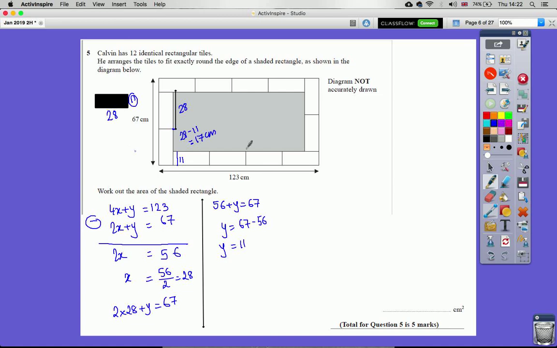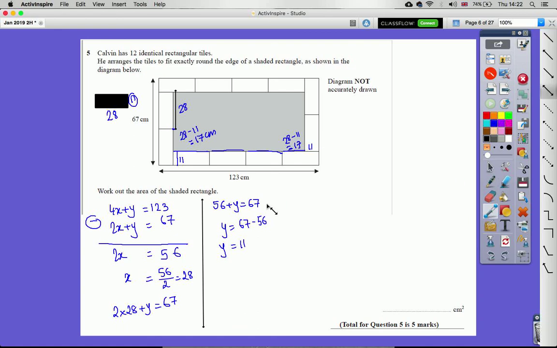Okay, the same thing happens here, like on the length side, each length is 28 centimeters, but the last part is going to be 28 minus 11 because this extended bit is 11, so it is going to be 17 centimeters. So we are going to look at the length of the shaded rectangle.